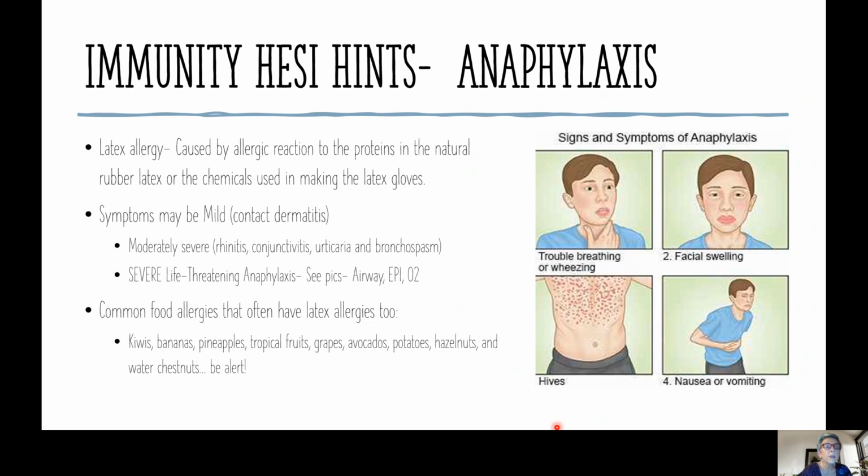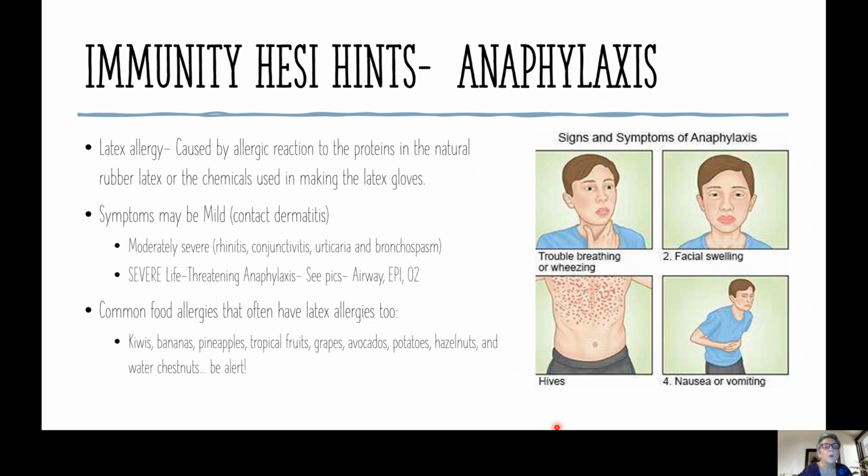And the severe life-threatening anaphylaxis is associated with airway compromise, and they'll need epinephrine and oxygen to help reverse the anaphylaxis. So the epi will fix the anaphylaxis, and the oxygen will get the oxygenation to the hypoxic cells of the body.